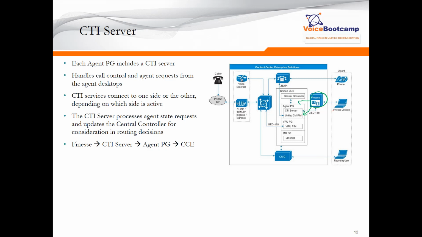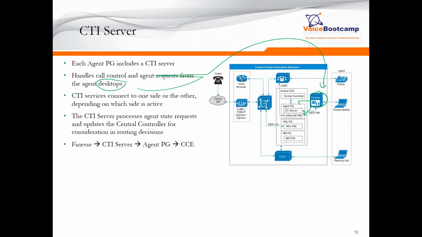So one of the roles of the CTI server is to provide call control, provide the ability for the agent to log in through the FINESSE server. It handles the call control and agent requests from the agent desktop. In this case, the desktop happens to be the FINESSE server, web-based.